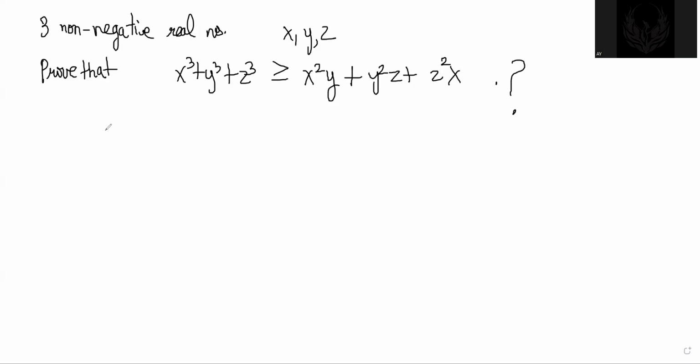So what I would suggest here is, in order to get this term, you need to do AM-GM, but on what should I do AM-GM? That's the main thing, right?